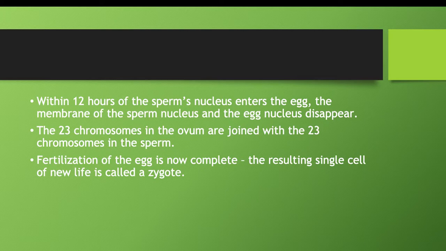Those are, remember, in the nucleus of a cell. That's where the chromosomes are. So the nucleus will disappear and these 23 chromosomes will join together. Fertilization is now complete. Once these 23 chromosomes bind together, they have created a new cell, which we call a zygote. This is a single cell which will then start to divide to become a person.